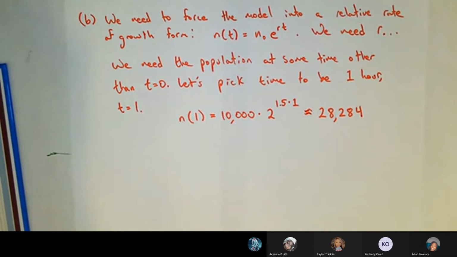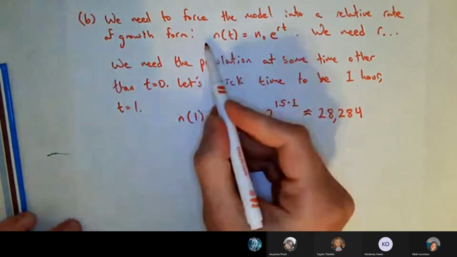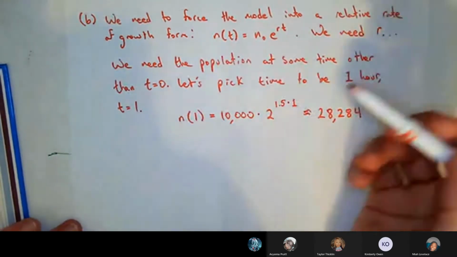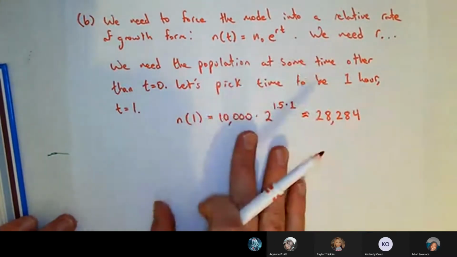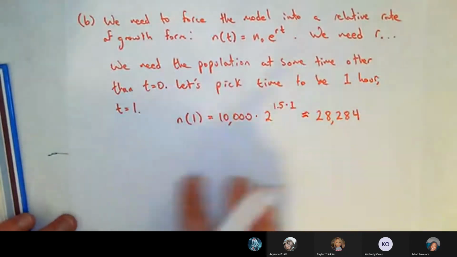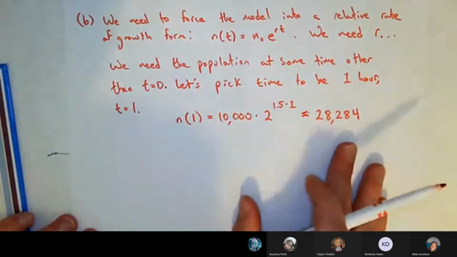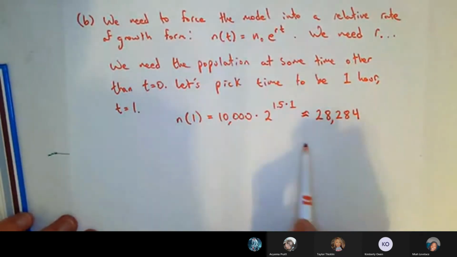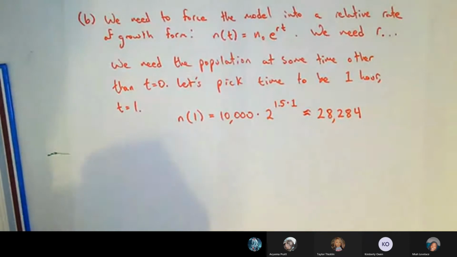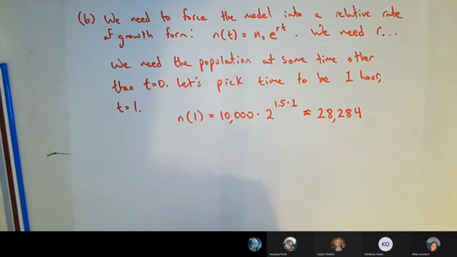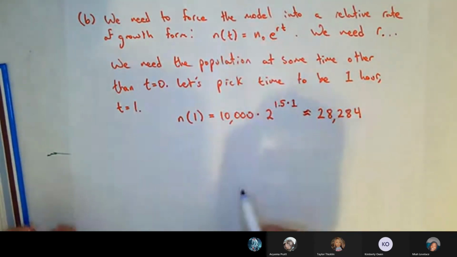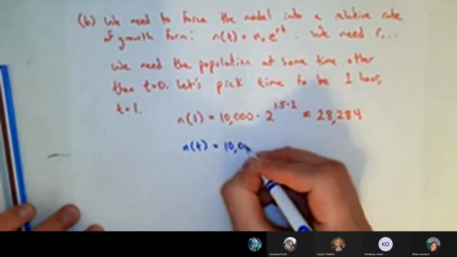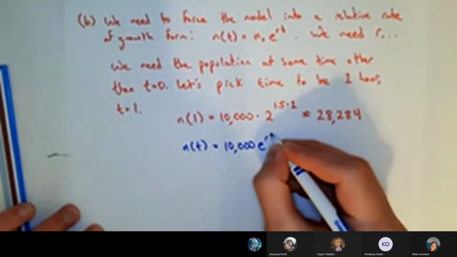Well, now we go back to this formula. According to our first model that measures the population for any time we choose, we know that after 1 hour, it outputs this much. So I'm going to write this in blue now just to keep it separate. We're going to the next model now. So I'm going back to N of t is equal to 10,000 e to the rt.